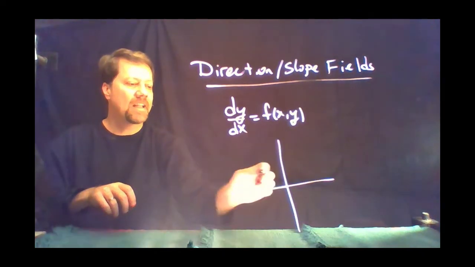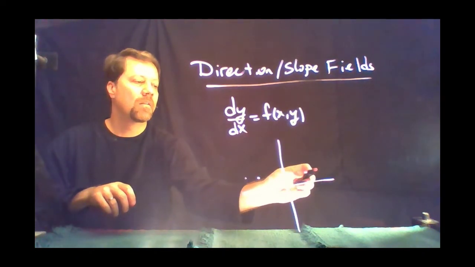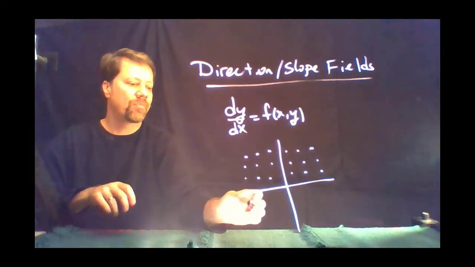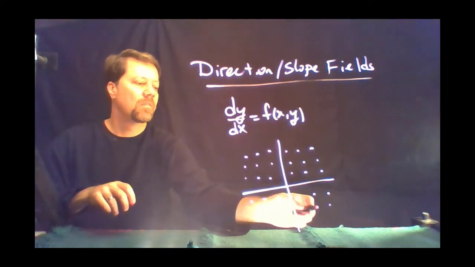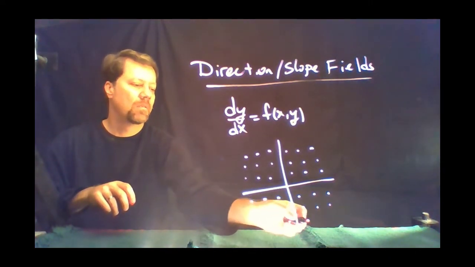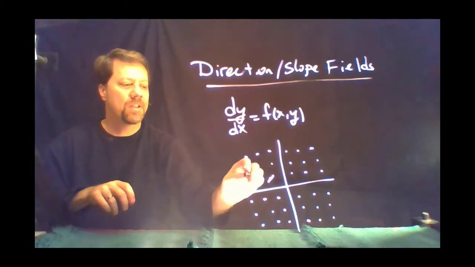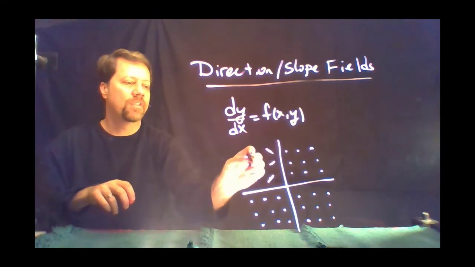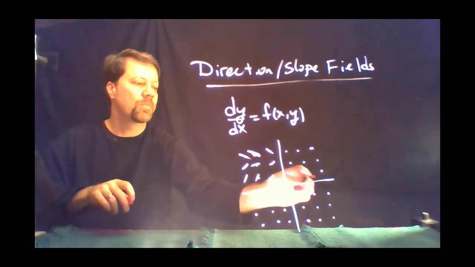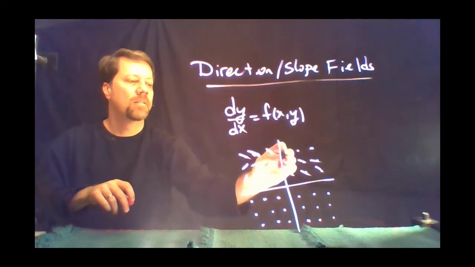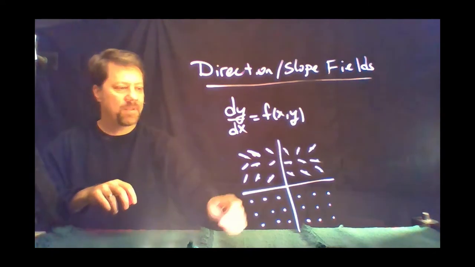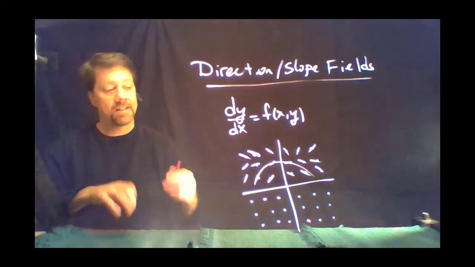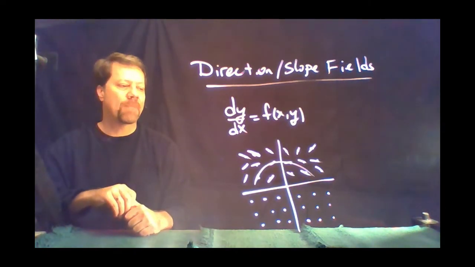So at each point in the plane, we might be able to attach little slopes. So we might have little slopes here, and maybe other little slopes here, and slopes over here, slopes on this side, maybe something like this, etc., etc. And if you follow these, you might be able to then determine what path the solution curve might follow.